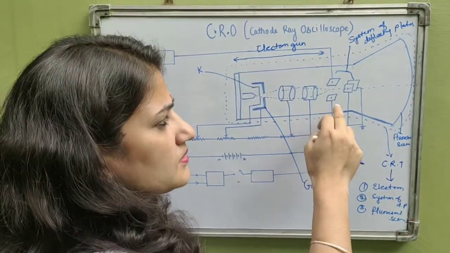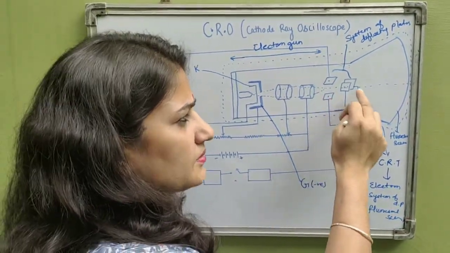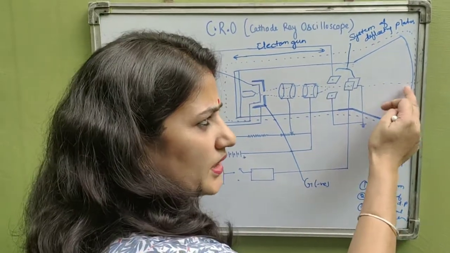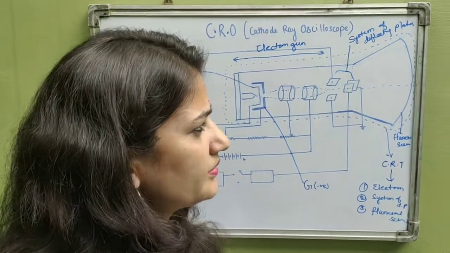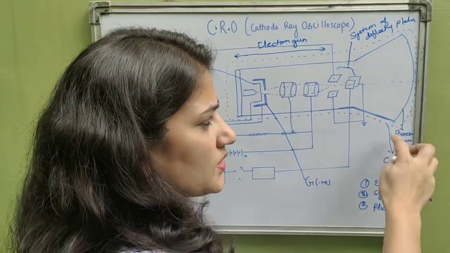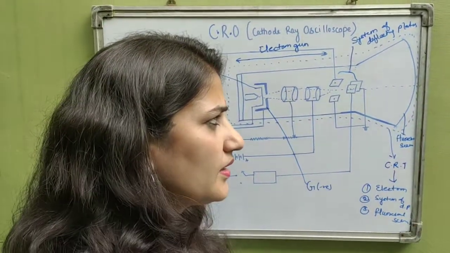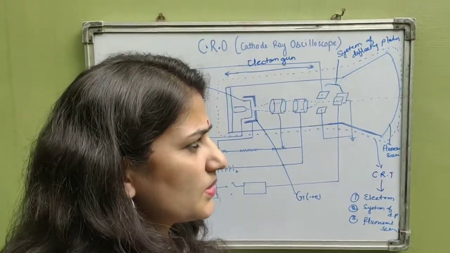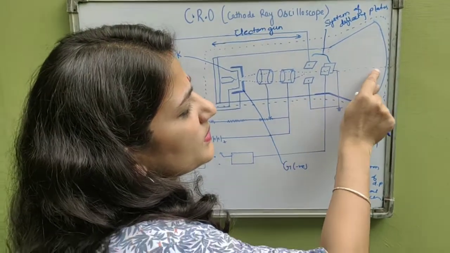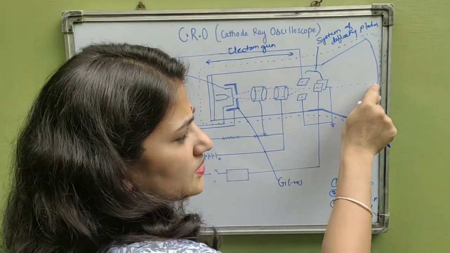Now, after passing through this deflection system, the beam will strike the screen. As you see here, it will be striking this screen, and this screen has a coating of phosphor material. The phosphor coating decides the light that is emitted after the beam strikes the screen.